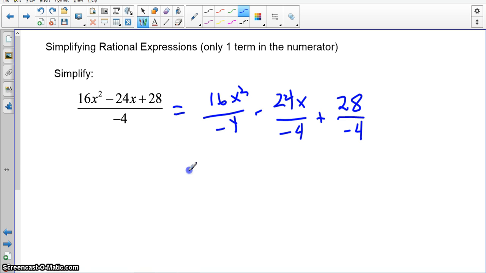It's not just some magic trick. It is one of the basic properties that you're supposed to know. So it's negative 4x squared, 16 over negative 4, plus, because it's a negative over negative, 6x, then positive over negative, so it's a minus 7. And so that is simplified, and it does look simpler.